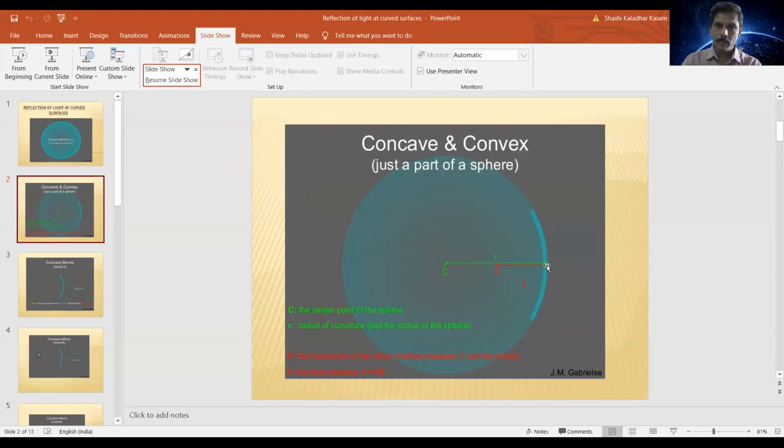The midpoint of the mirror is called the pole, and the distance from the pole to the center of curvature, PC, is called the radius of curvature. It is represented by R.